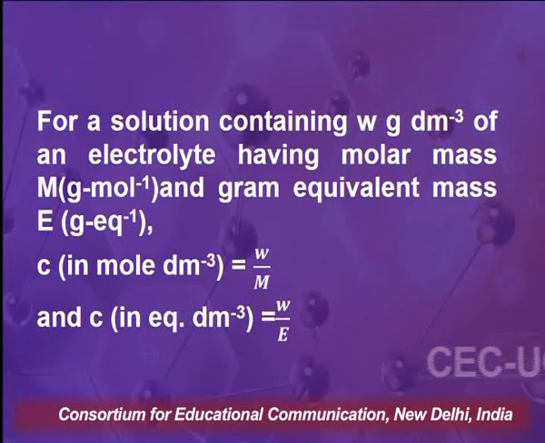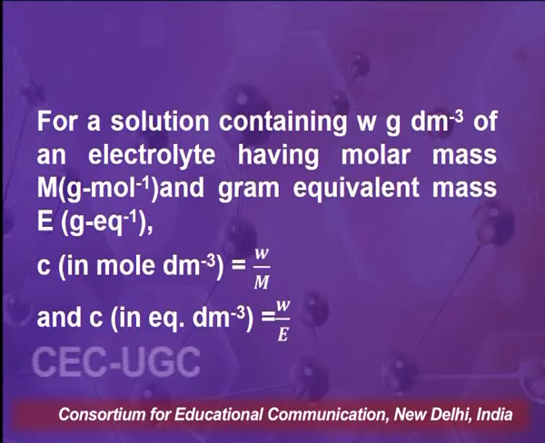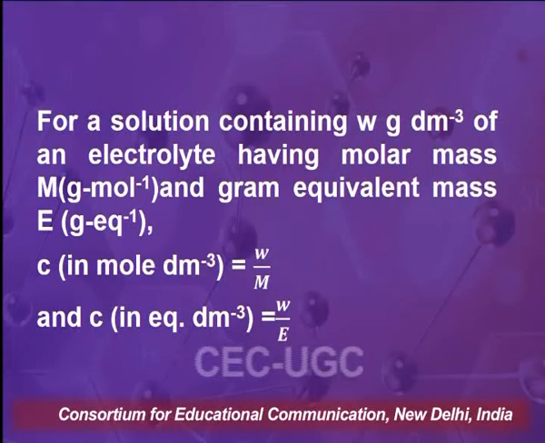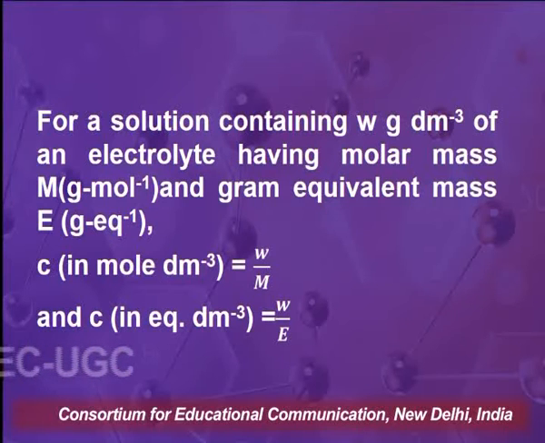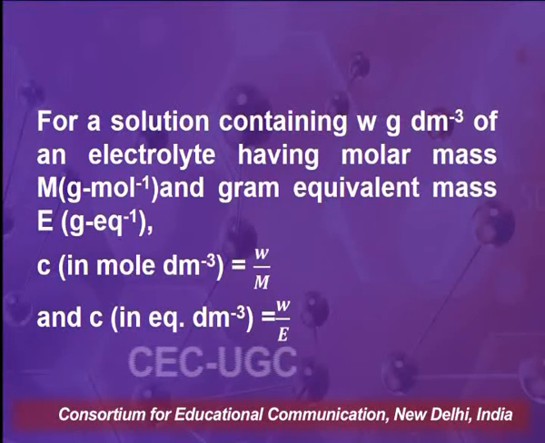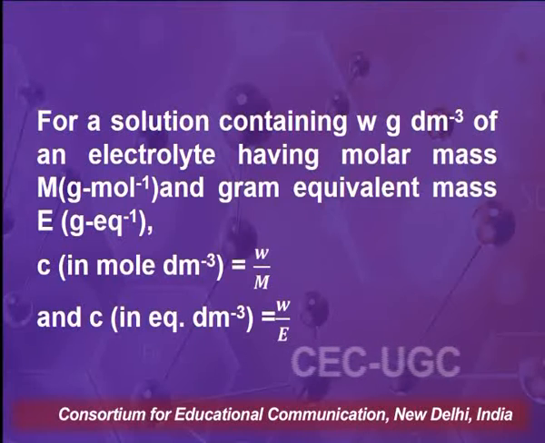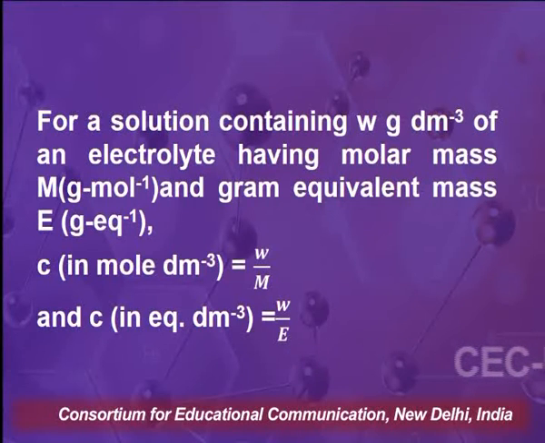For a solution containing W grams per decimeter cube of an electrolyte having molar mass m and gram equivalent mass E, concentration in terms of moles per liter is equal to W by m, whereas concentration in terms of equivalents per liter is equal to W by E.